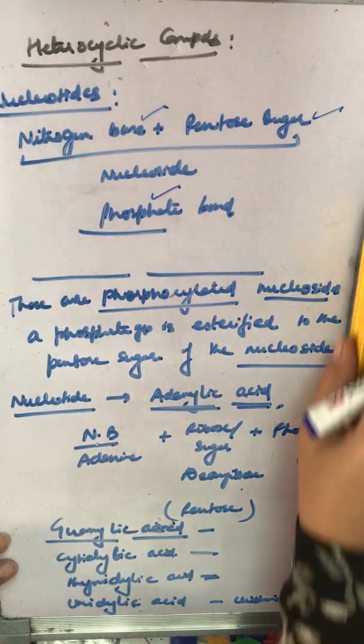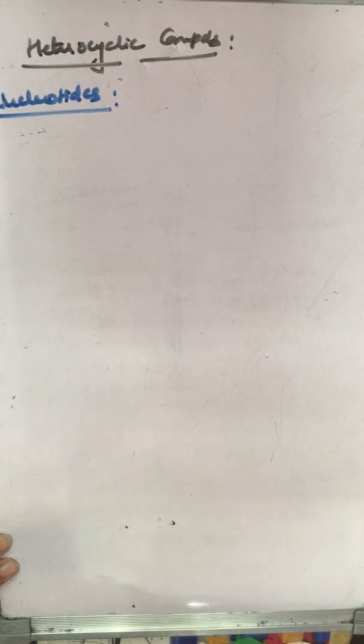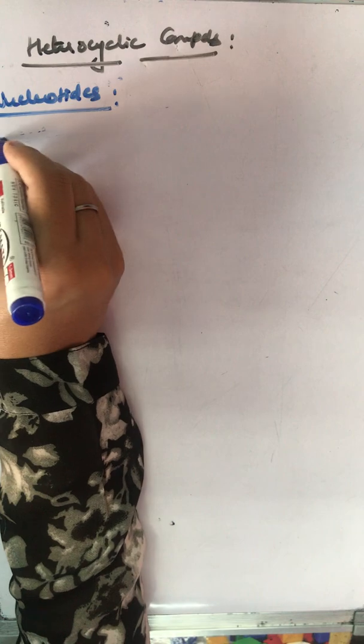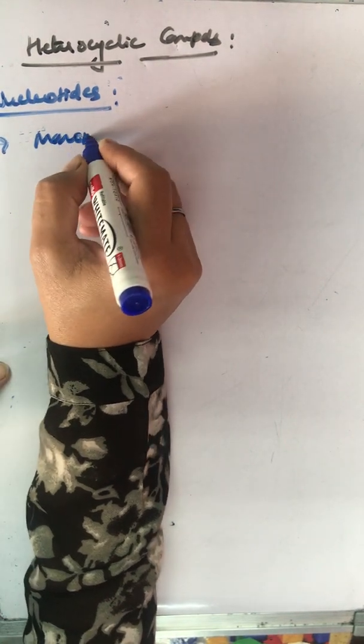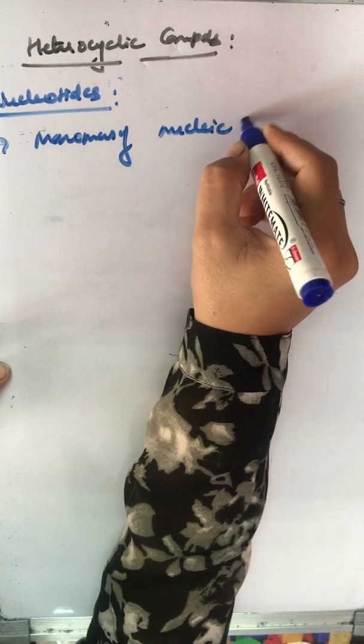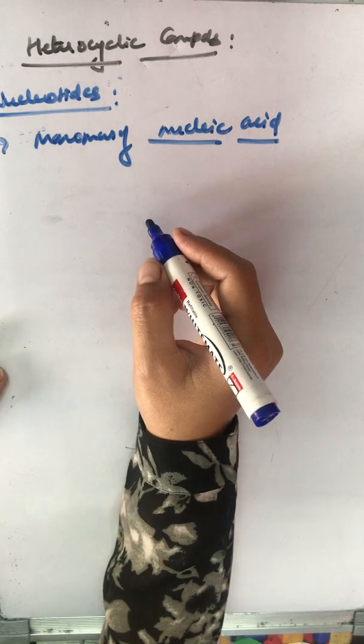And what is the function performed by these nucleotides? These nucleotides perform the following functions. First of all, they are the monomers of nucleic acids, deoxyribonucleic acid or ribonucleic acid.